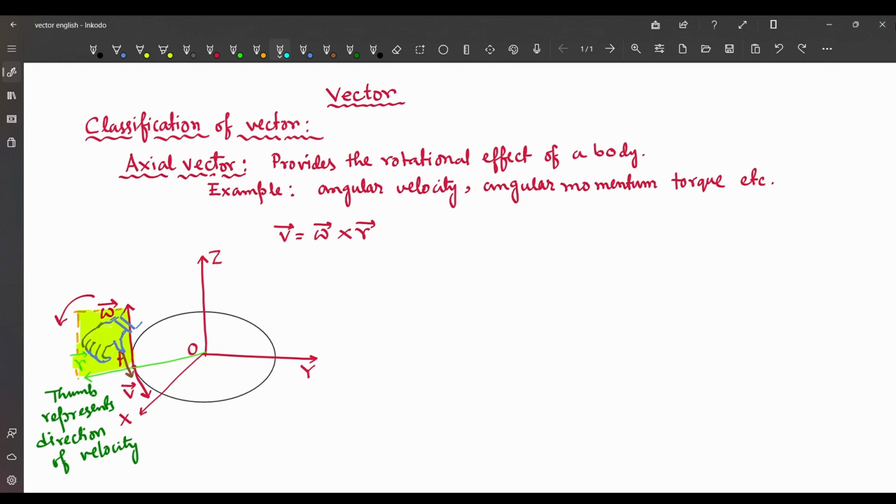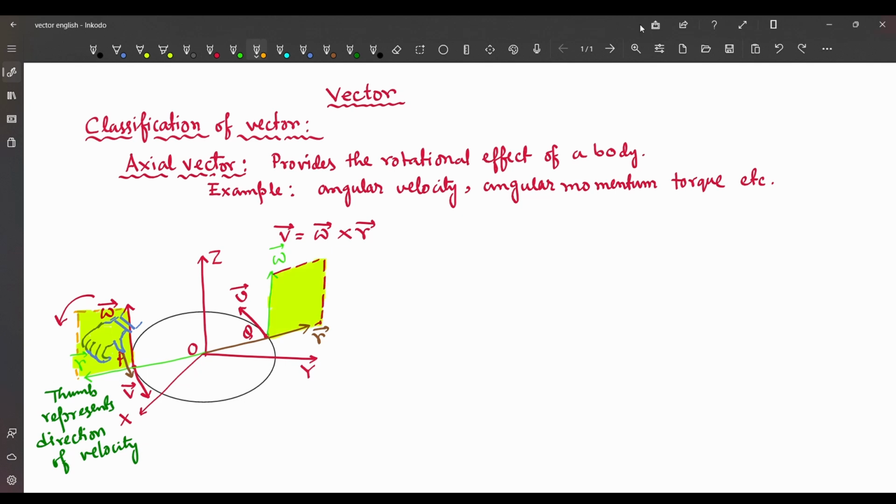Similarly, we can consider another point Q on the circumference. V represents the tangential velocity of point Q. OQ is the position vector represented by R, and omega, that is angular velocity, this is perpendicular to both V and R. Consider the plane here containing omega and R vector.